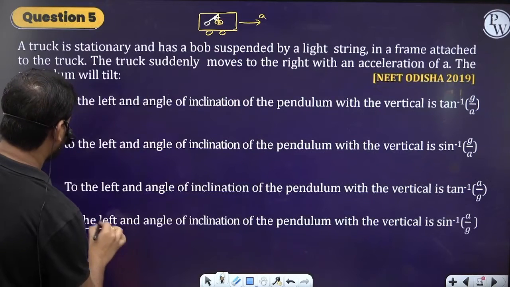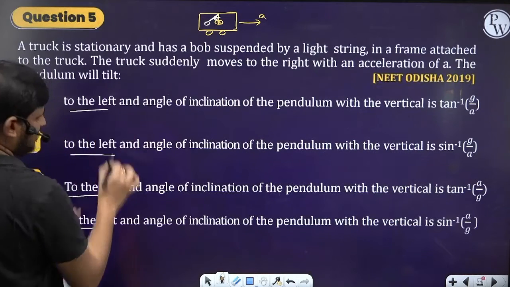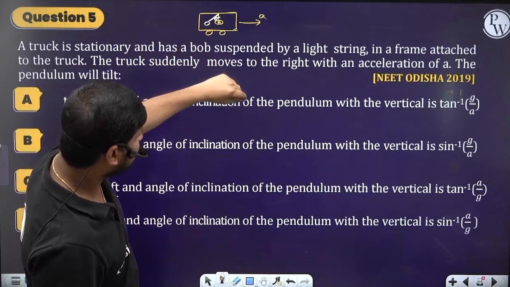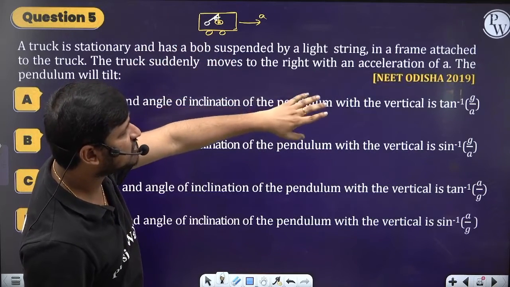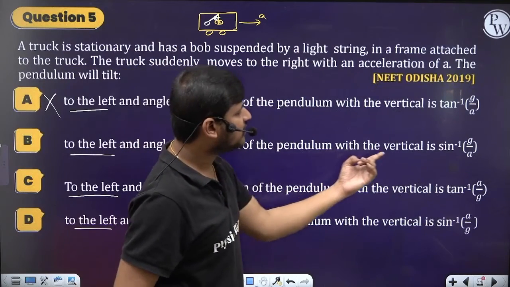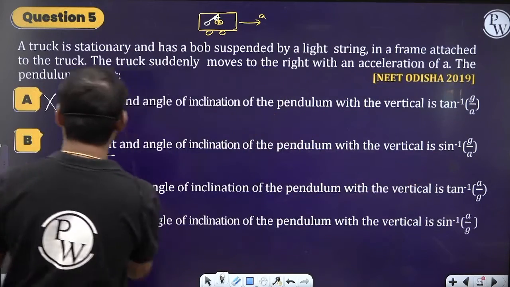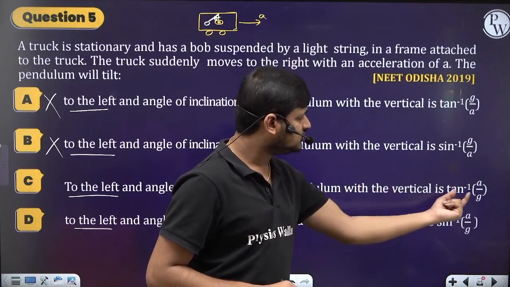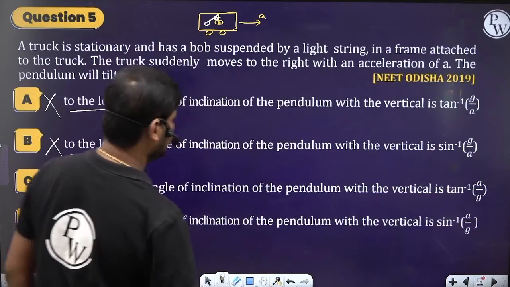All options are possible in the question, right? The angle of inclination of the pendulum with the vertical is tan inverse of g by a. No. The angle of inclination is sin inverse of g by a. No. Then this one is tan inverse of a by g. This is correct.